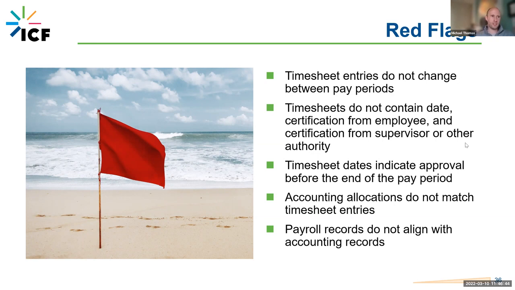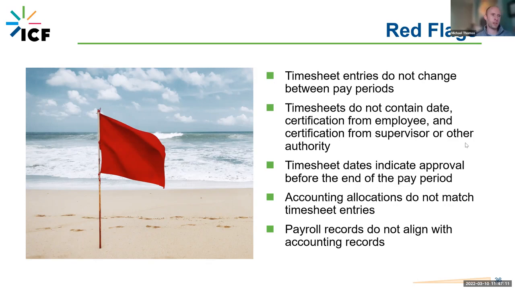If the timesheet dates indicate that it was approved before it should have been, like we talked about earlier. If the accounting allocations do not match the timesheet entries. So if you're getting that general ledger and you see the percentage of salary that was charged to the ESG program, the timesheet needs to support that. So if you do a spot check and compare the timesheet to the payroll record to the accounting record and they don't match, clear red flag.